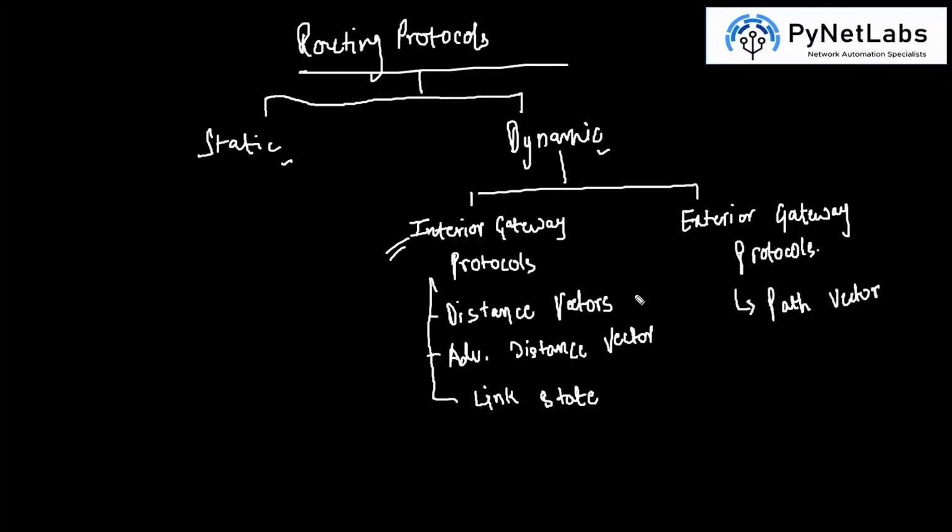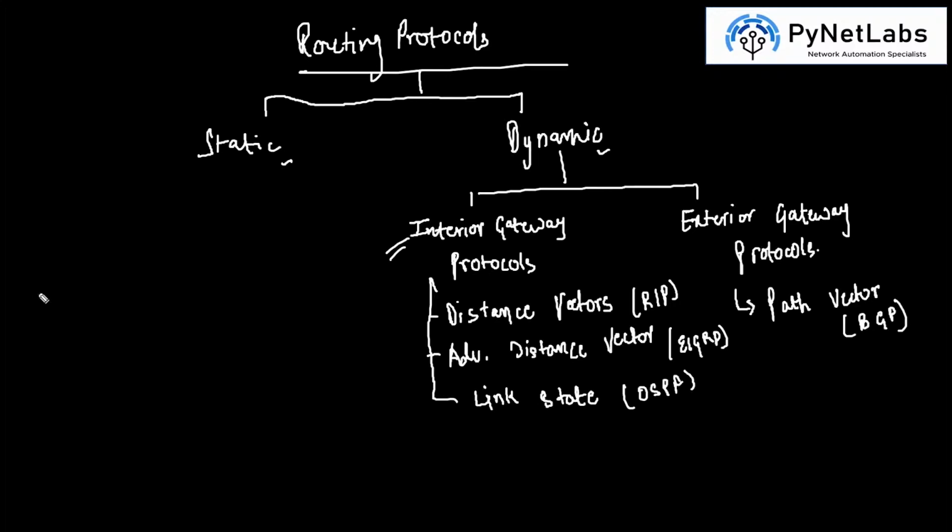The popular name of distance vector is RIP, which is not rest in peace. Then advanced distance vector is known as EIGRP. Then link state is known as OSPF. And for path vector, it is BGP.